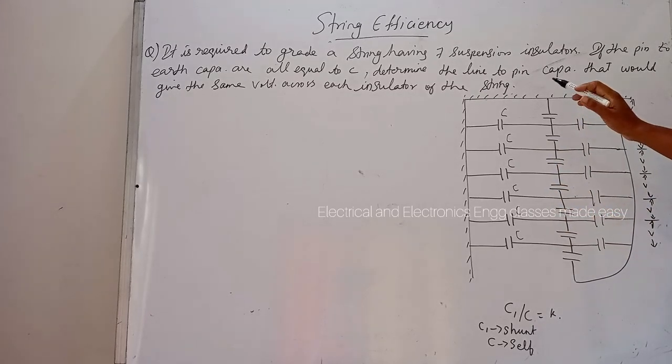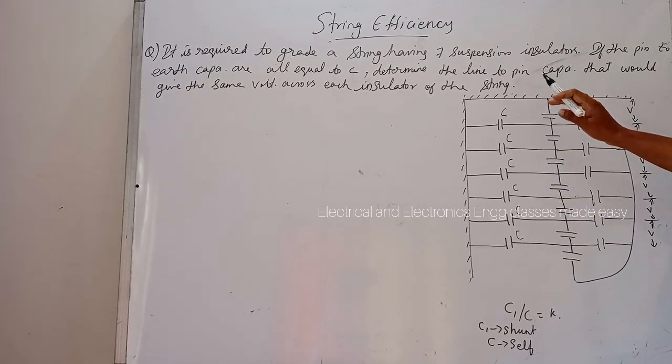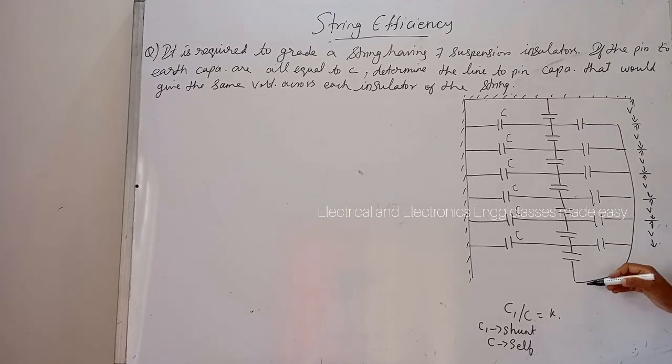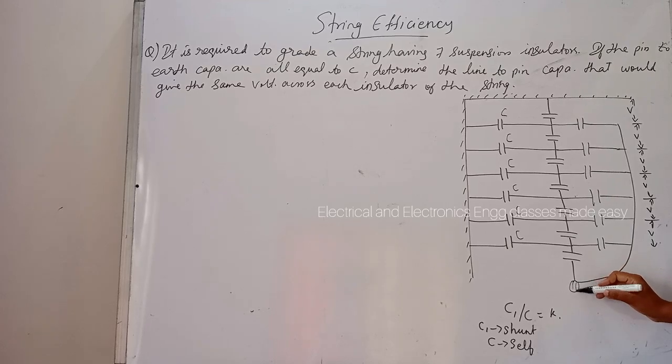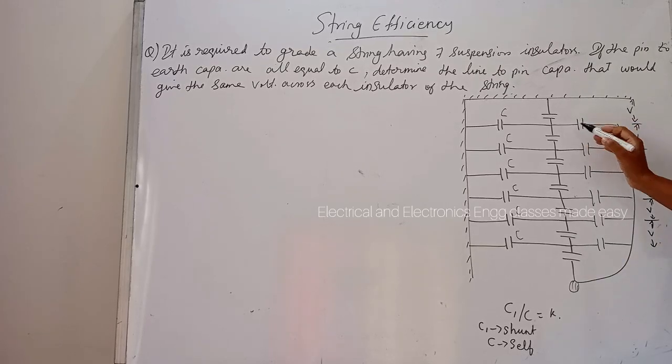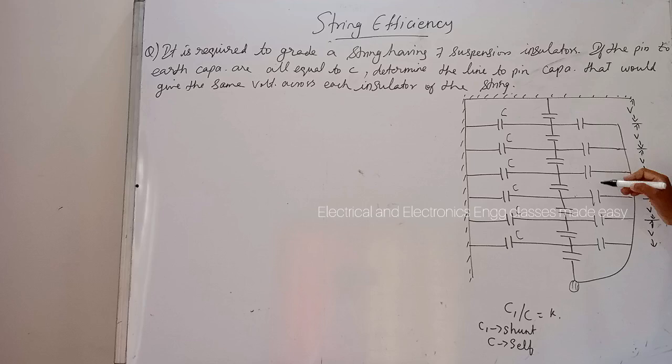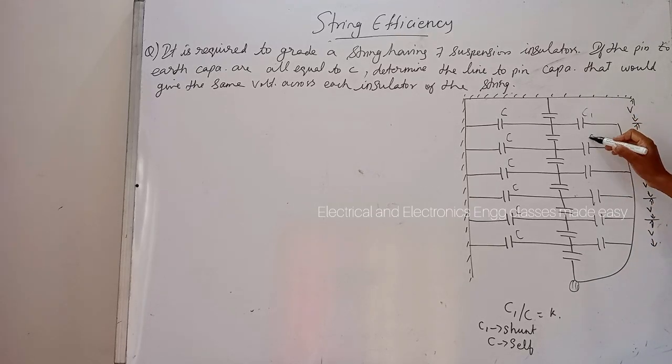And also here we have to find the line to pin capacitance. So line to pin capacitance means, this is the line to pin capacitance. So these shunt capacitances we have to find. Let these be C1, C2, C3, then C4, C5 and C6.